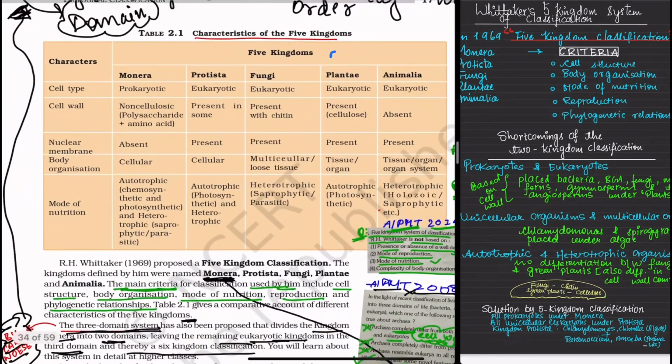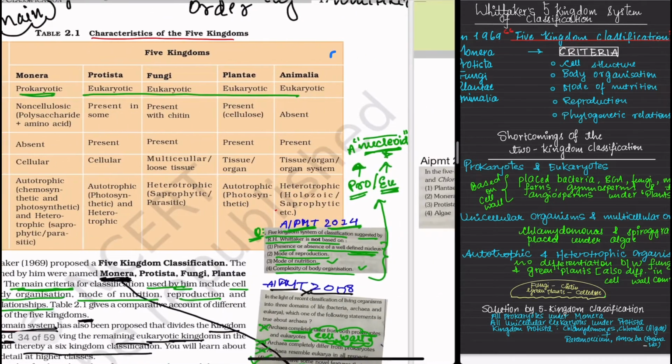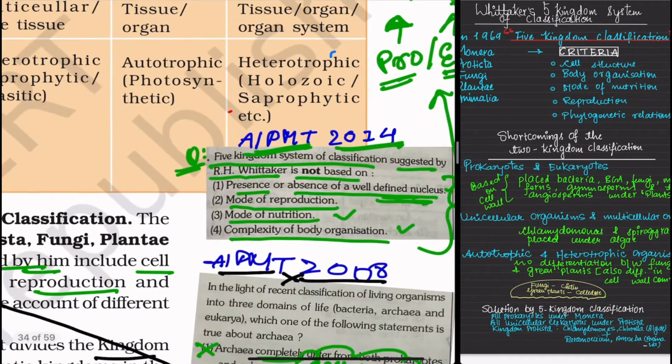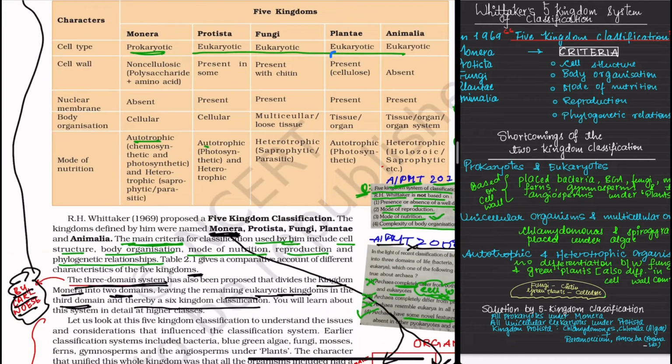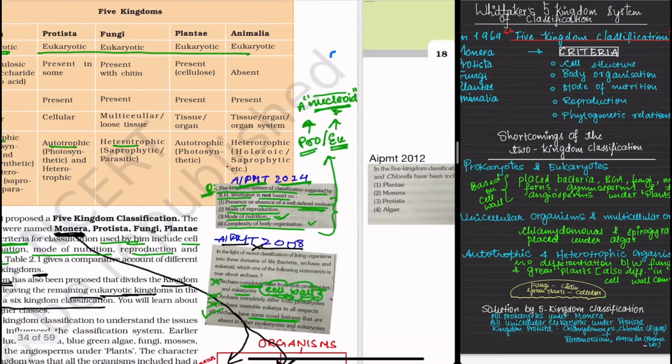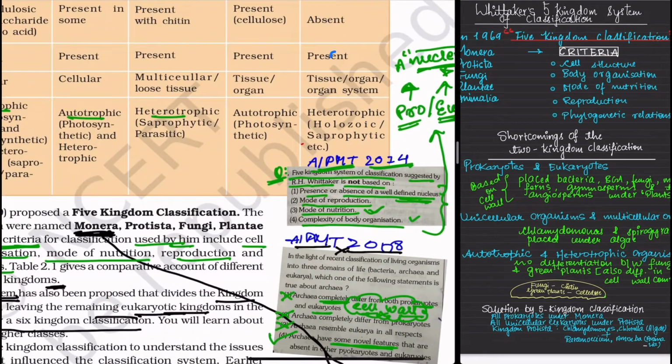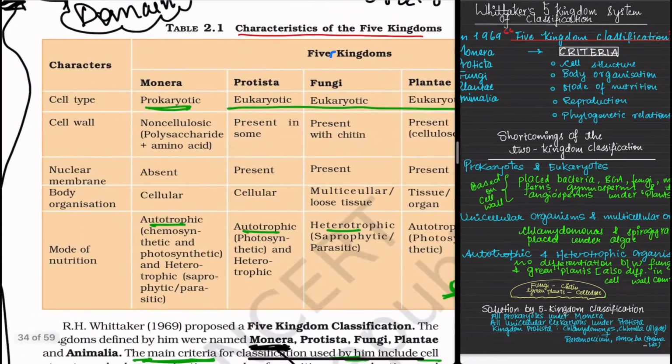Mode of nutrition is definitely used. Some are autotrophic, some are heterotrophic. This thing was thought about. And complexity of body organization, obviously, you can see some are unicellular, some are multicellular, loose tissue, others have tissue, organ, and further others have tissue, organ, and organ systems.